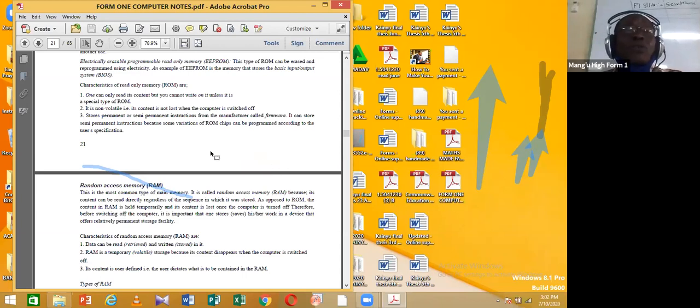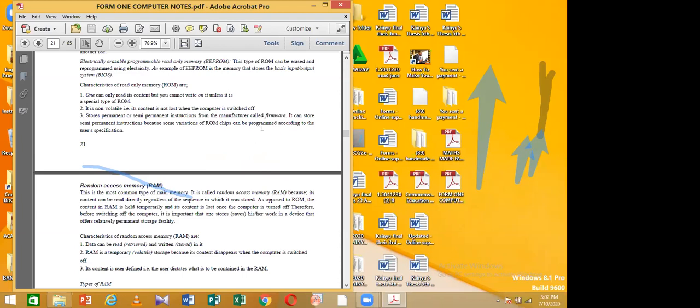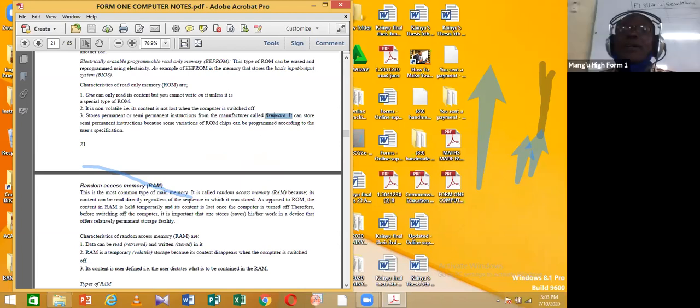And then it stores permanent or semi-permanent instructions from the manufacturer. These permanent instructions are stored in firmware. We are going to see this as we continue when we come to the operating system.